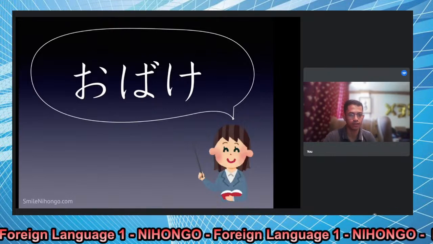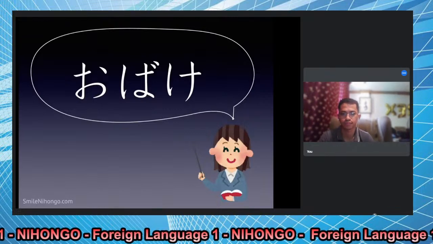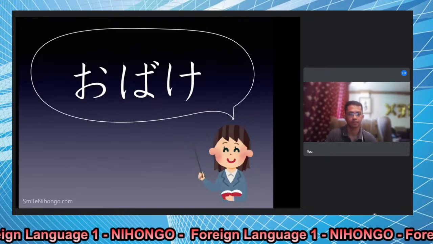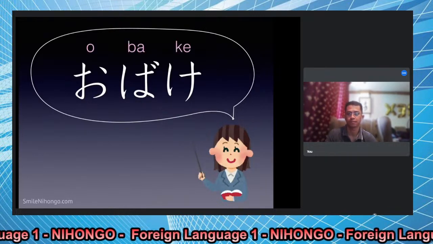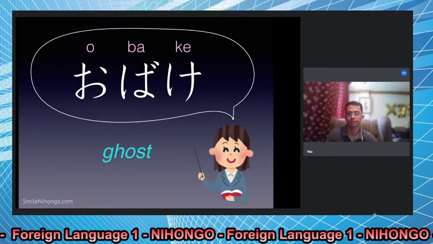Correct. Can you read it? Right. This is obake. Obake means ghost.